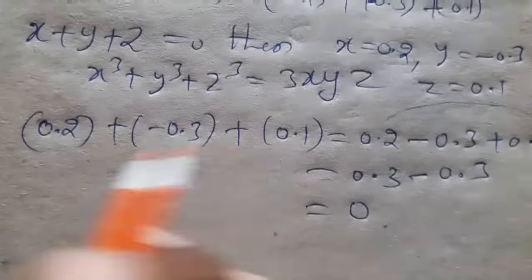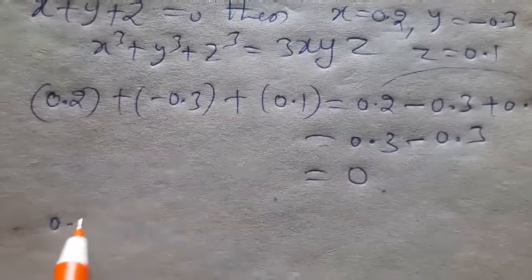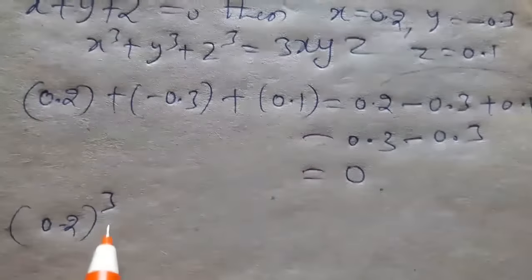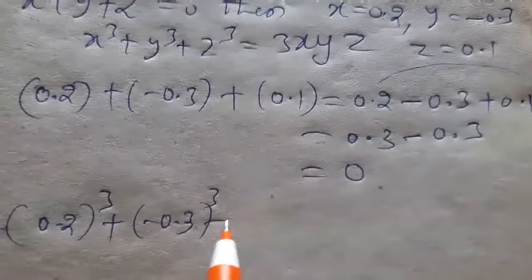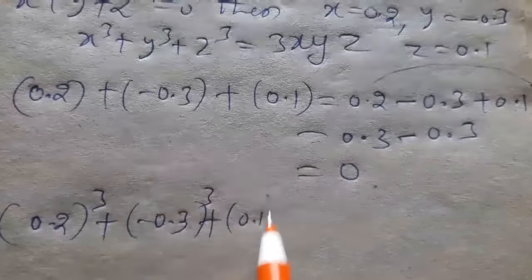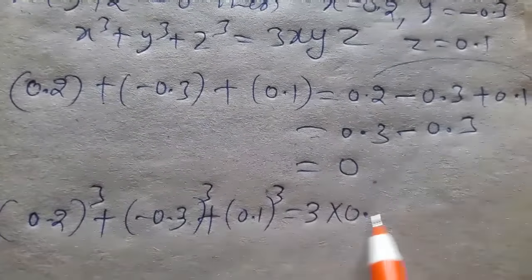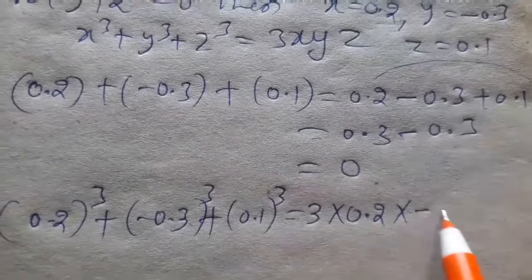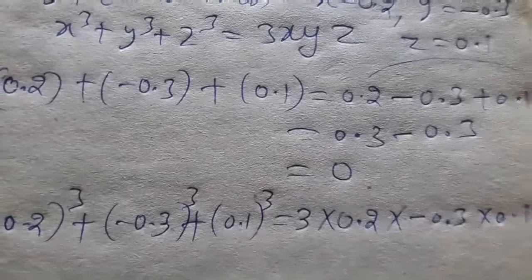Now what is the formula? x³ + y³ + z³ is equal to 3xyz, isn't it? Now (0.2)³ + (−0.3)³ + (0.1)³ equals 3 into 0.2 into −0.3 into 0.1, isn't it?